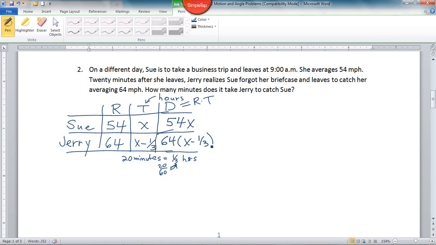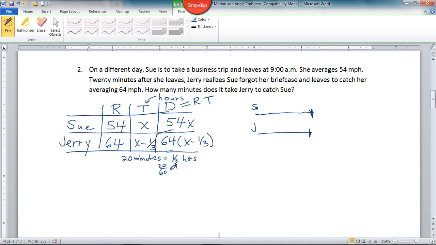Now, we've also got something different in this one because we want Jerry to catch Sue. All right. So here's what we want. Sue's going to take off, and she's going to be traveling whatever direction, and then Jerry's going to take off a little bit later. He's going to run a little bit faster, so he's going to at some point catch Sue. They're going to have gone the same distances, in other words. Jerry's distance and Sue's distance, we want those to be equal.